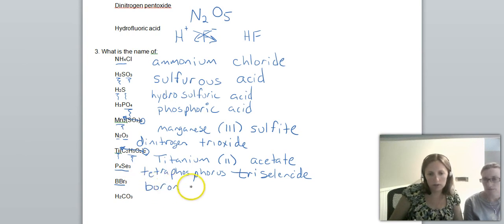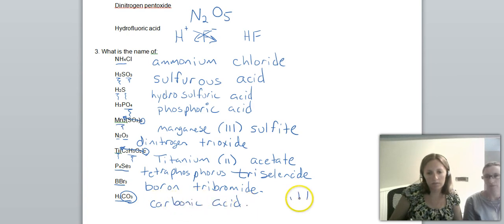Why not mono? Because you don't do monos on the front. Tribromide. And we have another acid, which is based on the name of this guy, which is carbonate, ate to ic, so this is carbonic acid. The end.